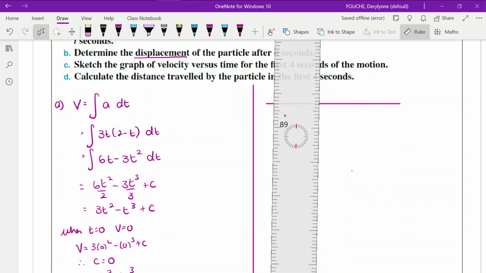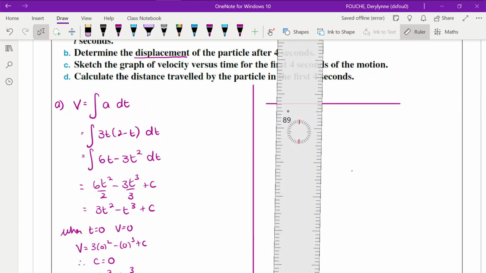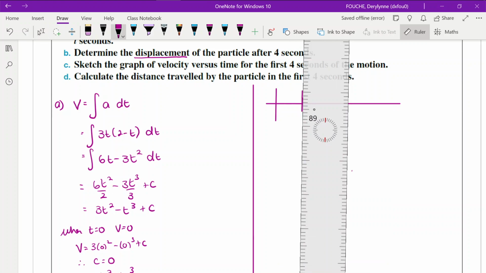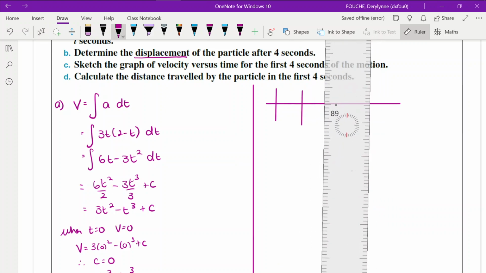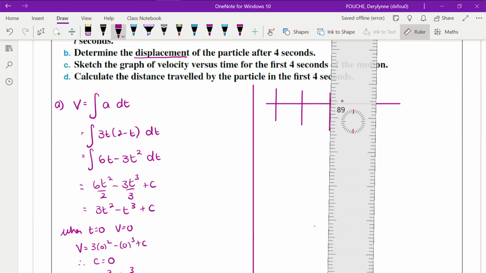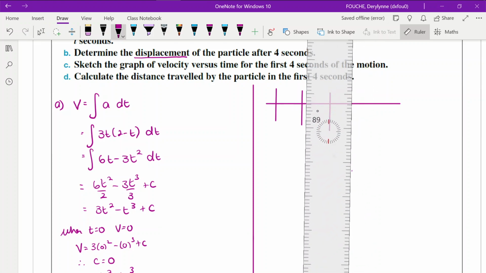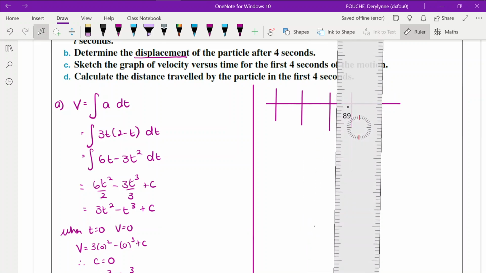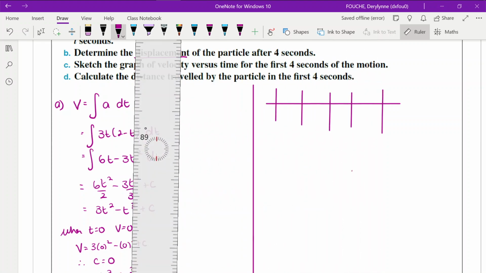So we have t and v, going from 0, 1, 2, 3, and 4, and our equation is 3t squared minus t cubed.